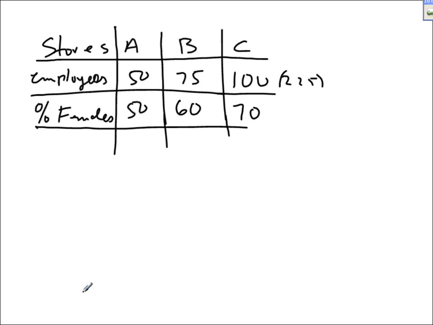Now, some workers, some employees, they resign. And the probability that you resign is the same for males and females. Okay, the chances that you resign. If you resign, you could have been equally male or female.